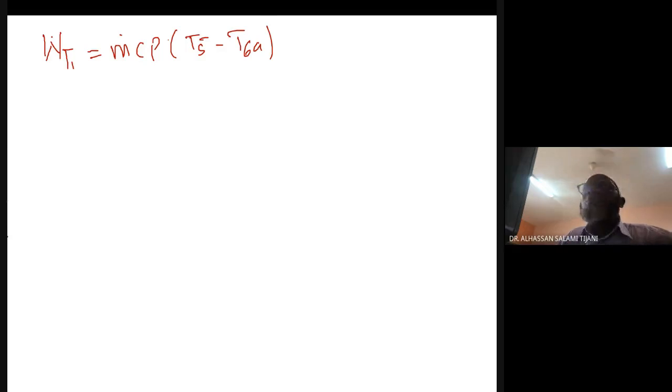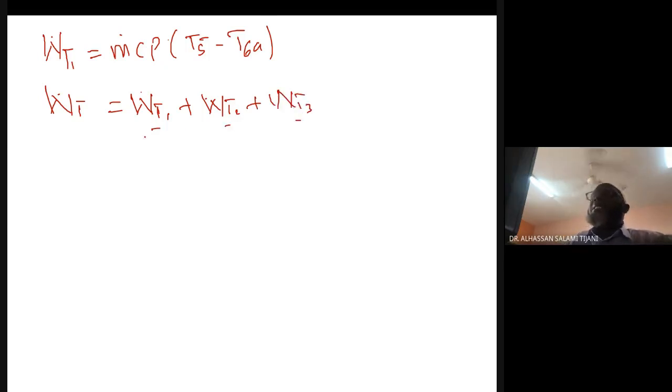But the total turbine work equals W_T1 plus W_T2 plus W_T3, and W_T1, T2 and T3 are the same. So this gives me 3 times m Cp (T5 minus T6).